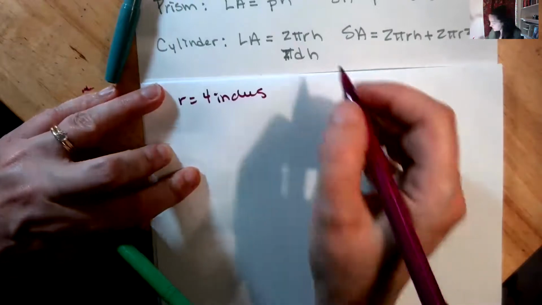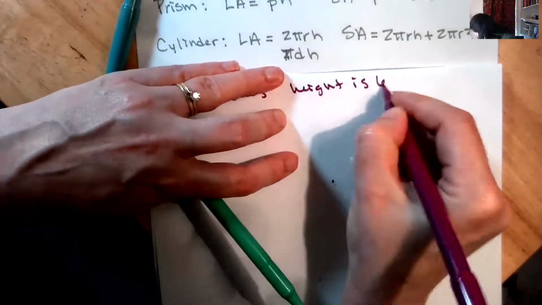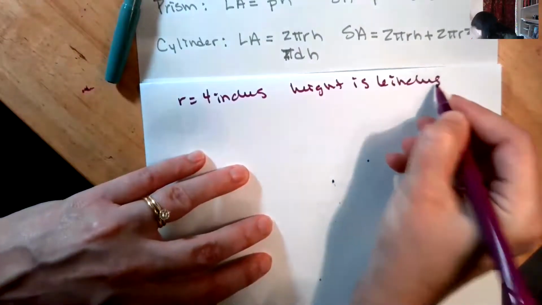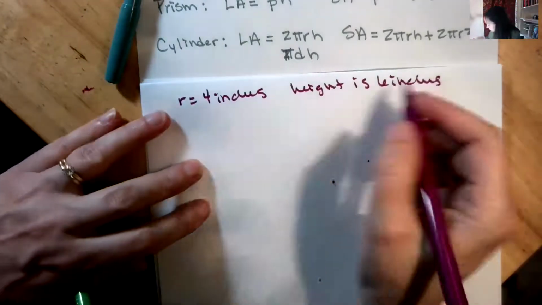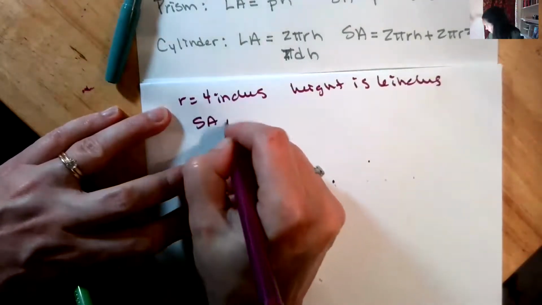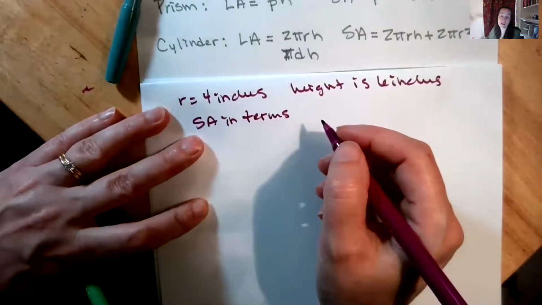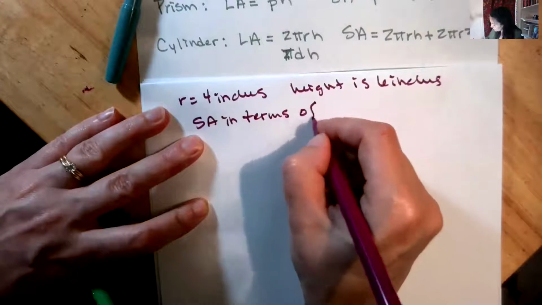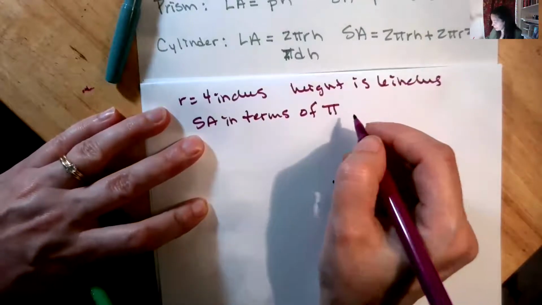And the height is 6 inches. Okay, find the total surface area in terms of pi. When it says in terms of pi, that means you're going to leave the symbol pi in your answer rather than substituting in its value and multiplying it out.